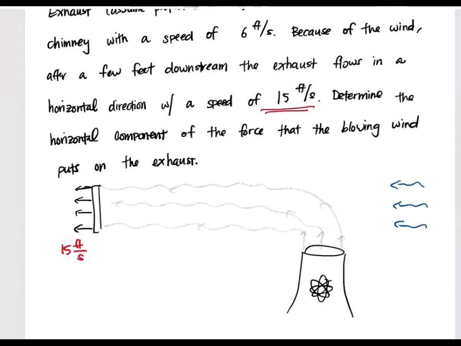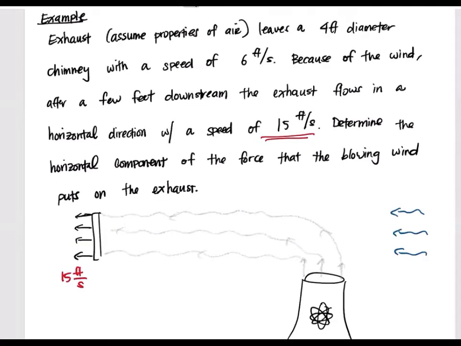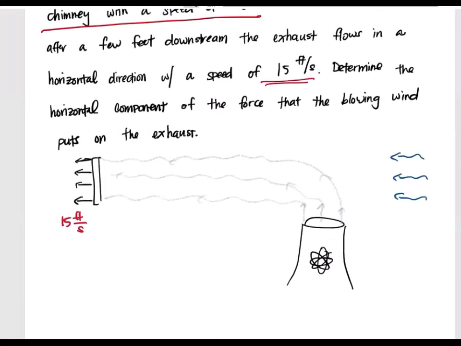We have the prevailing wind speed, so it says here, the chimney has a speed of 6 feet per second. So this is exiting here at 6 feet per second. Again, uniform. It's kind of the universal symbol for uniform.